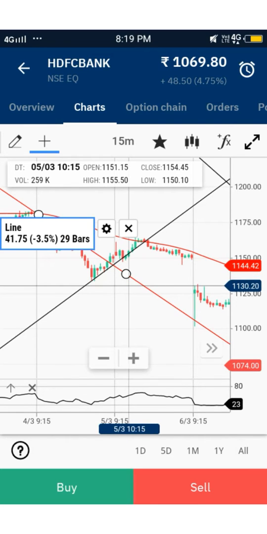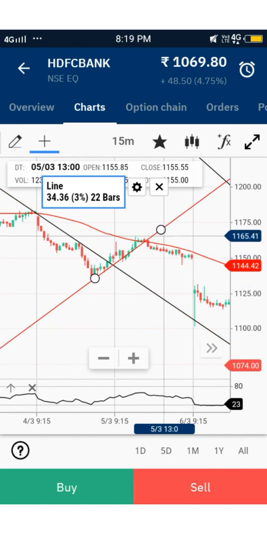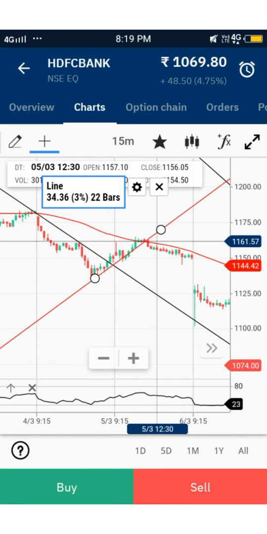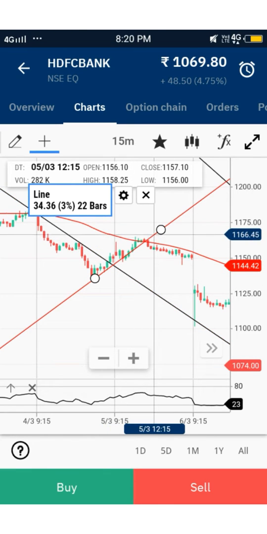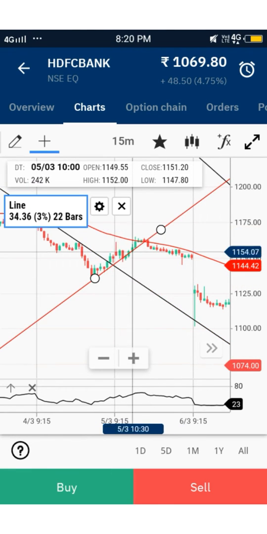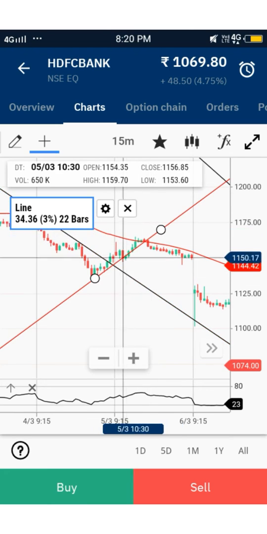You will enter, and the profit position, I think maybe you will take profit at 1160. The difference is 50 rupees profit you will make. This is a good strategy.